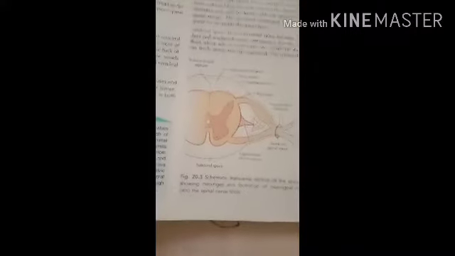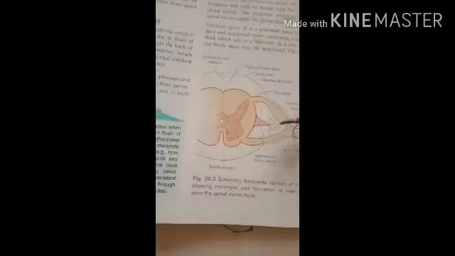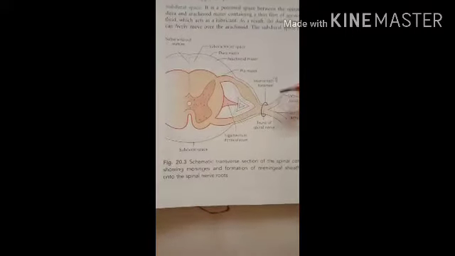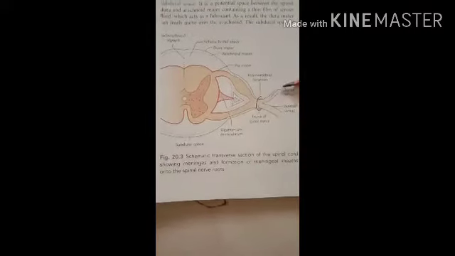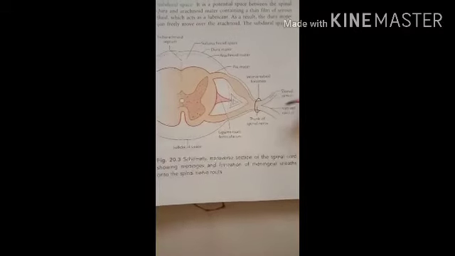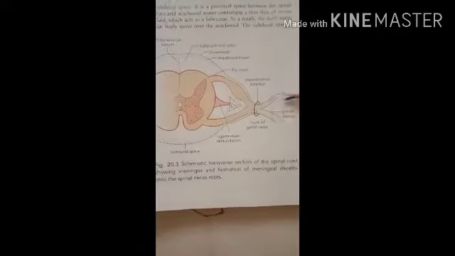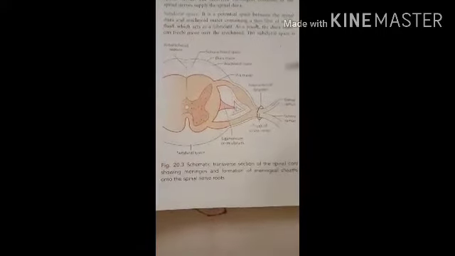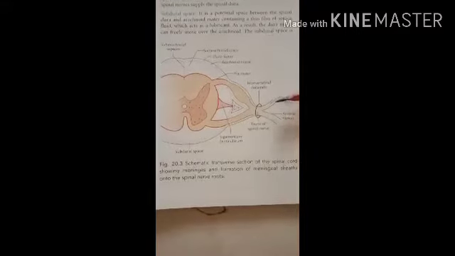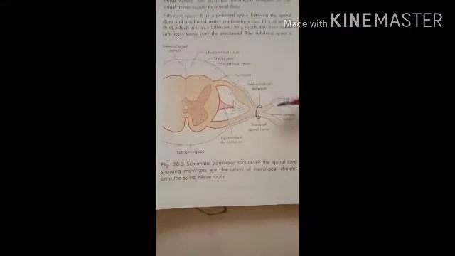Immediately after emerging from the intervertebral foramen, each spinal nerve divides into the anterior ramus, or ventral ramus, and the posterior ramus, or dorsal ramus. The rami communicantes are a part of the preganglionic sympathetic neurons of the autonomic nervous system.